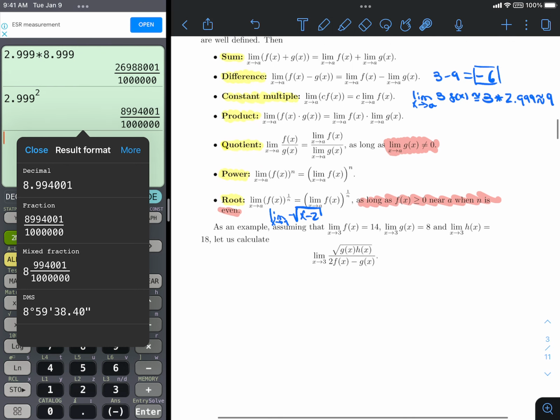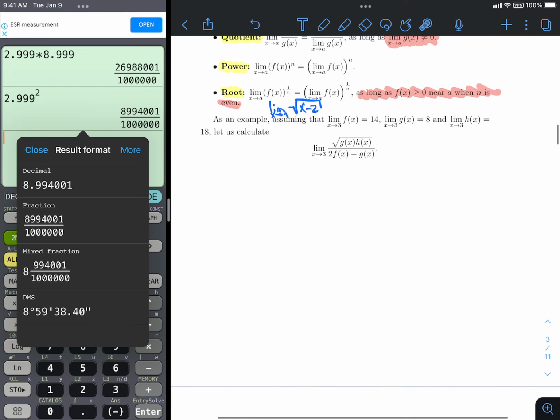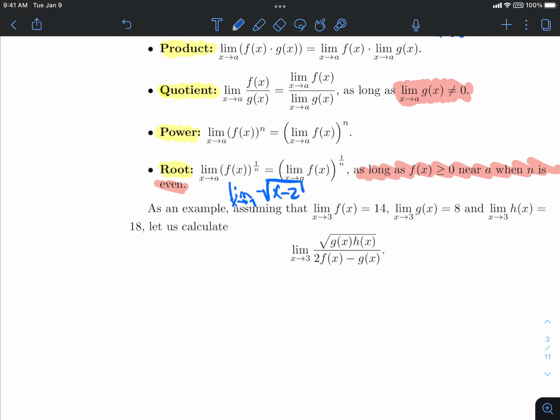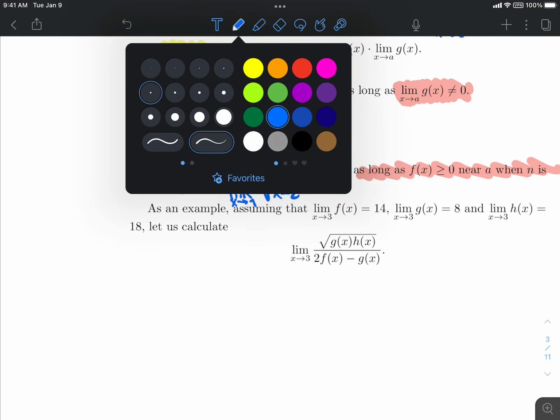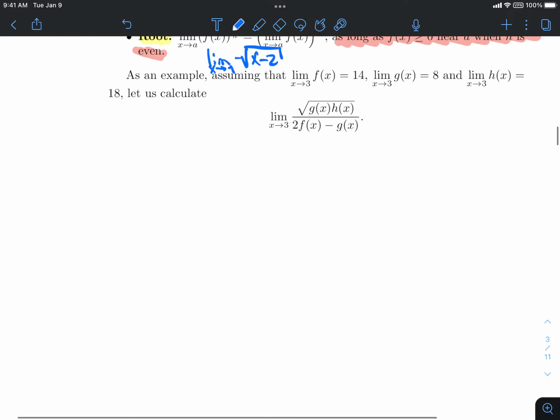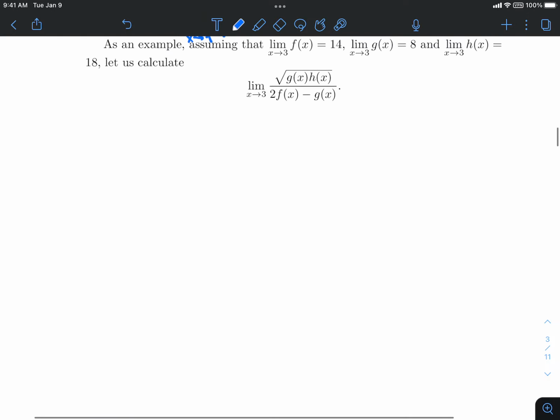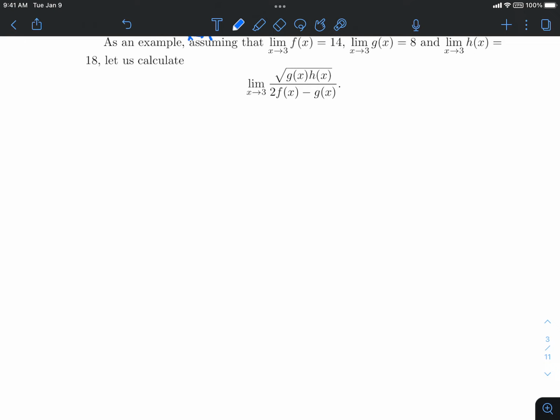Okay, let's do the example at the bottom. Let me get rid of my calculator because I won't use it anymore. It gives us some extra space. So we're doing the limit.